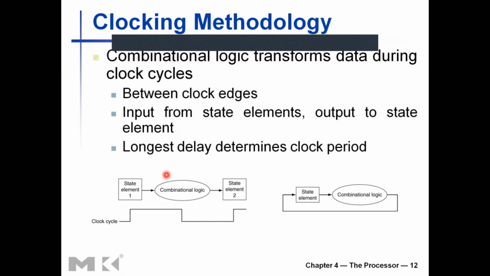Because we have a lot of sequential elements in our digital processors, we will essentially have to use a clock signal. Combinational logic, as you know, happens asynchronously, meaning without being synchronized to a clock edge. State elements, or sequential elements, work synchronized to clock edges, right? So in between clock edges, the combinational elements can take time to perform their operation, like the adder operation.